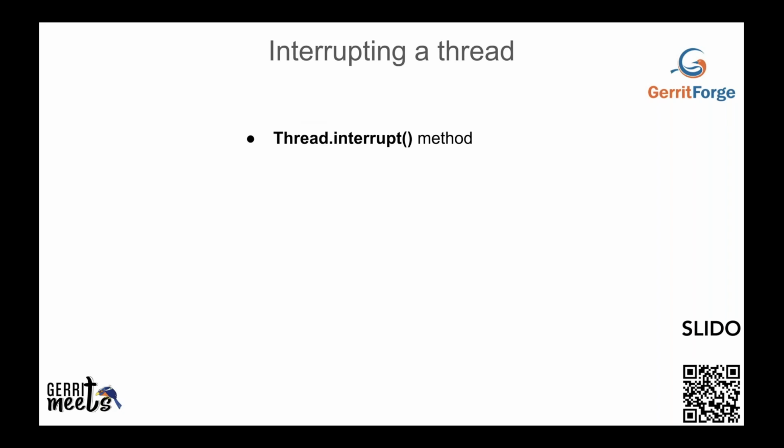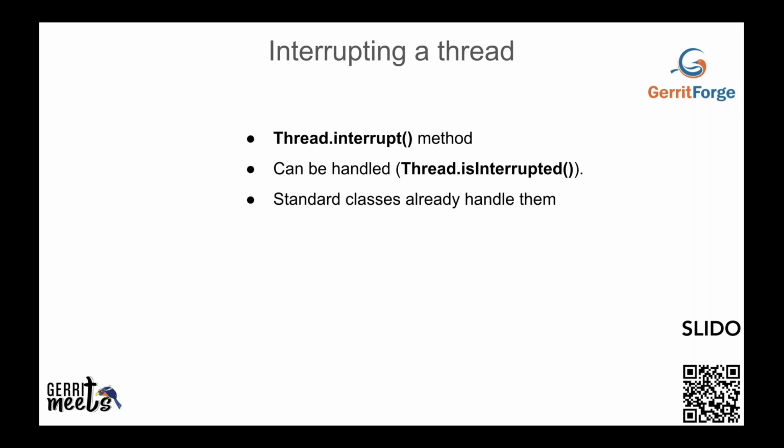You can also choose the interrupt button in Java Melody, which calls the interrupt method on the thread, which basically sends a signal, and this signal can be handled. What it means is that when you're sending the interrupt signal to your thread, the implementation of the thread might actually decide to do something about it, and it has the opportunity to do a proper cleanup of the resources that were open.